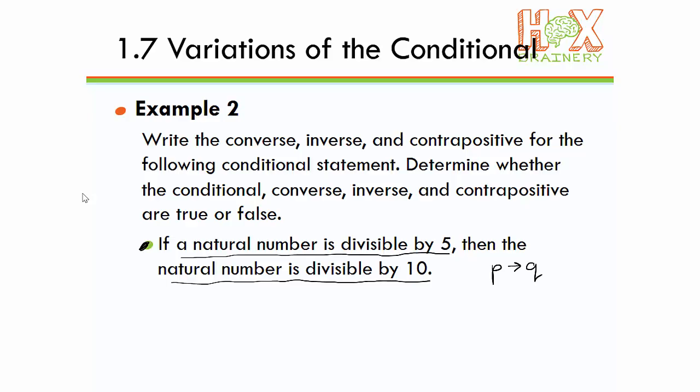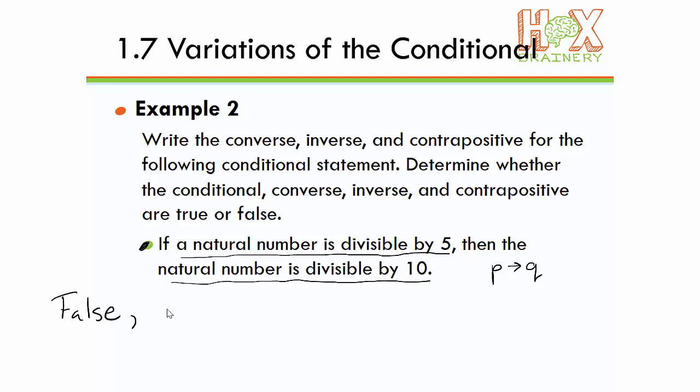So is it true that if you can divide a number by 5, you are basically guaranteed to be able to divide it by 10 also? And if not, we'll come up with what's called a counterexample to disprove it. And we'll go over counterexamples in more detail in a later chapter. But for now, we're just going to write false.